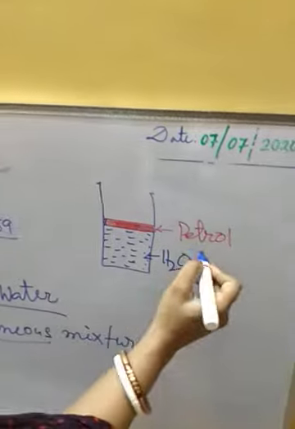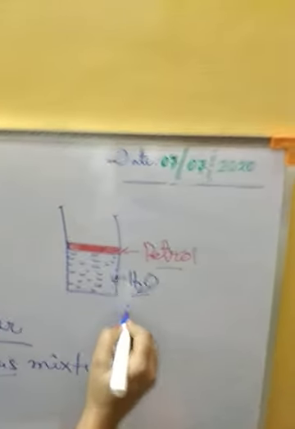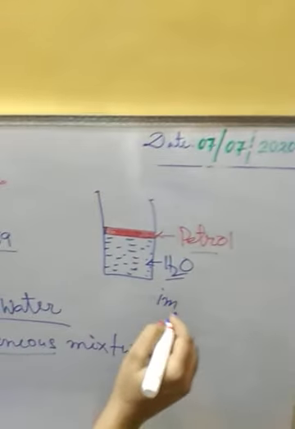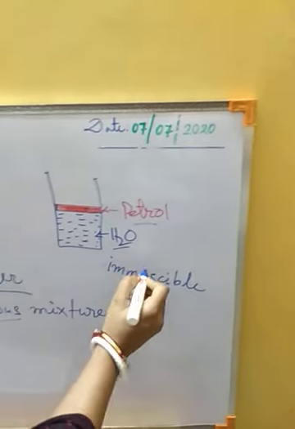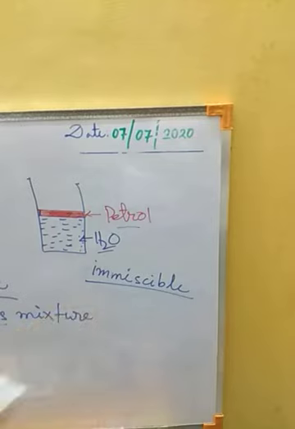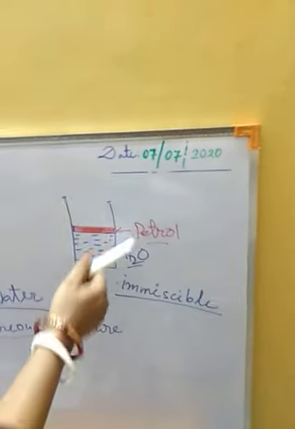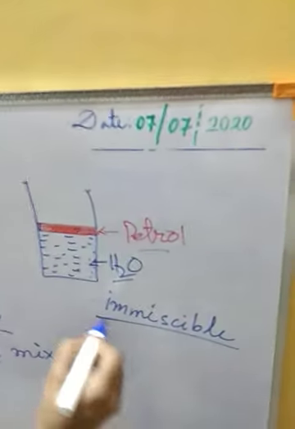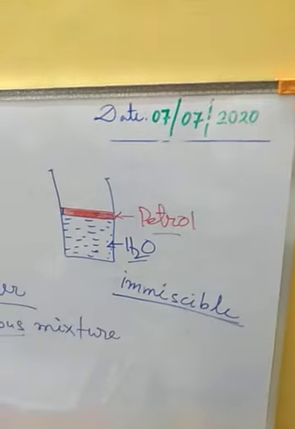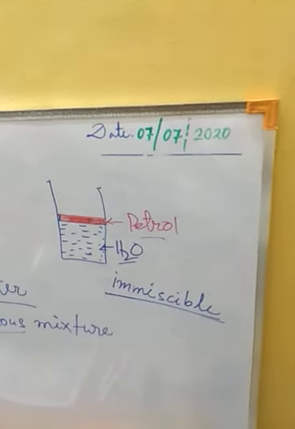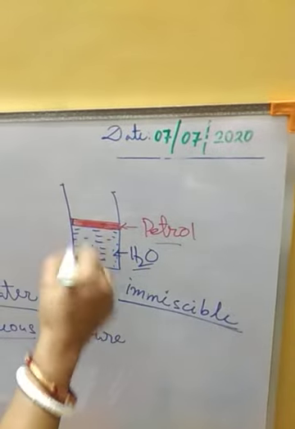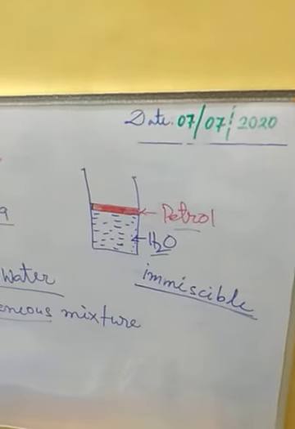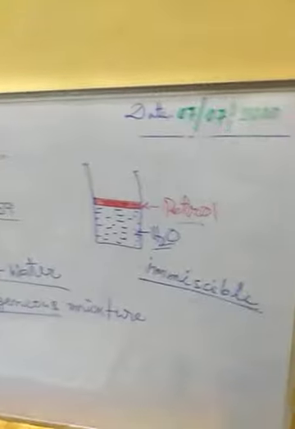But here petrol and water form an immiscible mixture, as these two are not mixing together. So this is called an immiscible mixture. And as they are forming two separate layers, they are not mixing homogeneously. That's why this is a heterogeneous mixture.